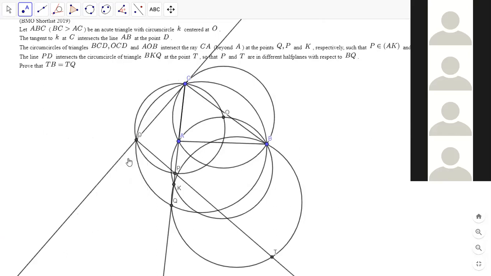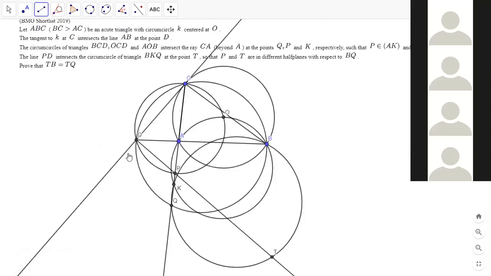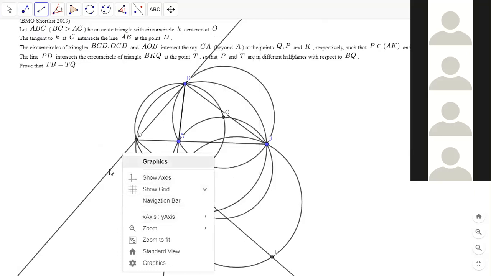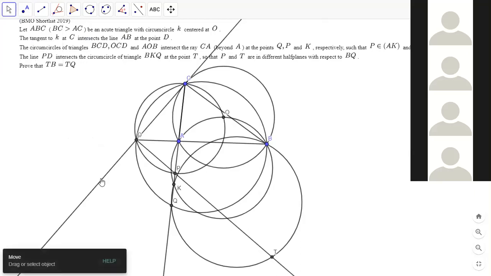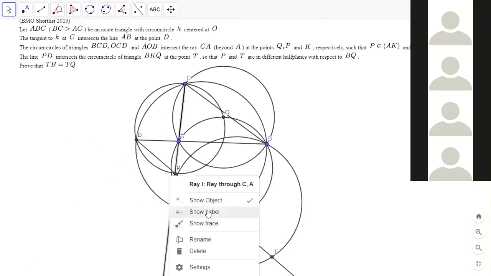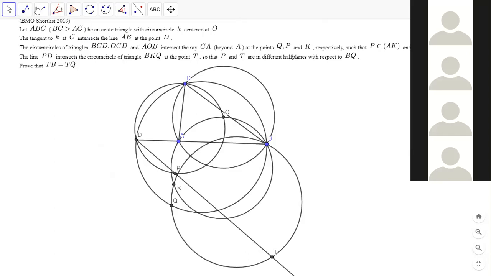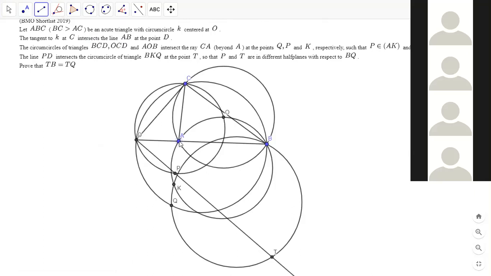All right. So DC is equal to DQ. Interesting. Okay. That is an angle chase. Let me hide that and hide this. Okay, so you're saying DC equals DQ.